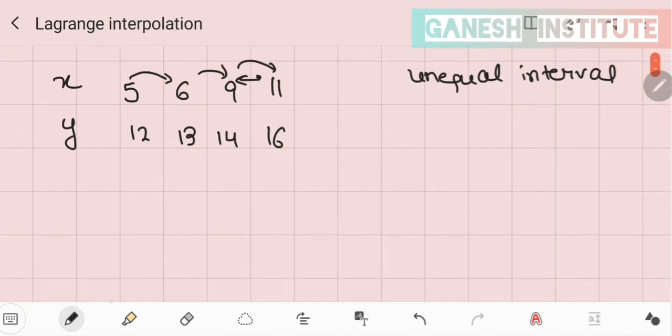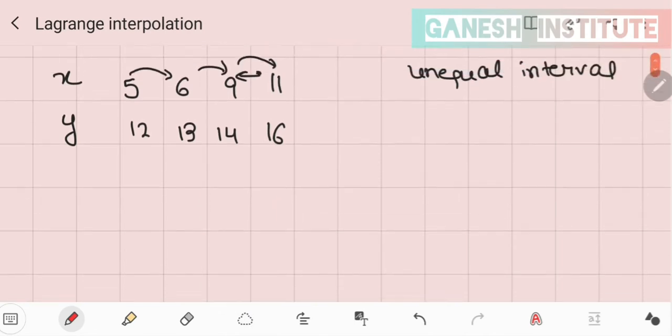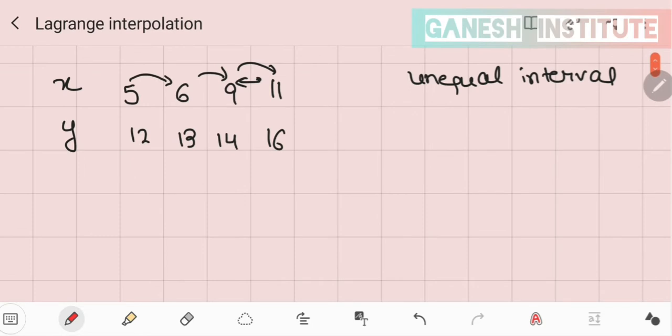Let me tell you in a simple way how I was trying to write down the formula here. Let me give you a scenario where you can do it without any formula. If you need to find the value of a polynomial f(x) when x is not known to you, this is your first term, right? This is your first value.